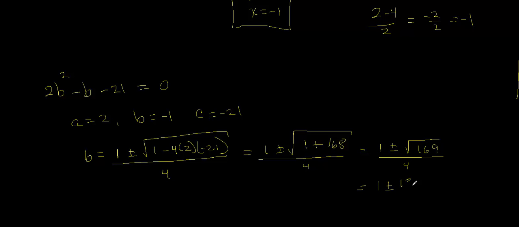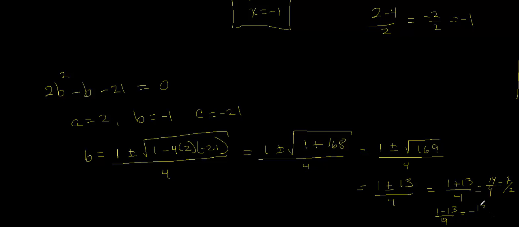So using the positive sign first, we're going to go 1 plus 13 over 4, and then we're going to have 1 minus 13 over 4, evaluating each. 1 and 13 is 14 over 4. Then simplifying the fraction, that will be 7 over 2, and the other one would be negative 12 over 4, which is equal to negative 3.